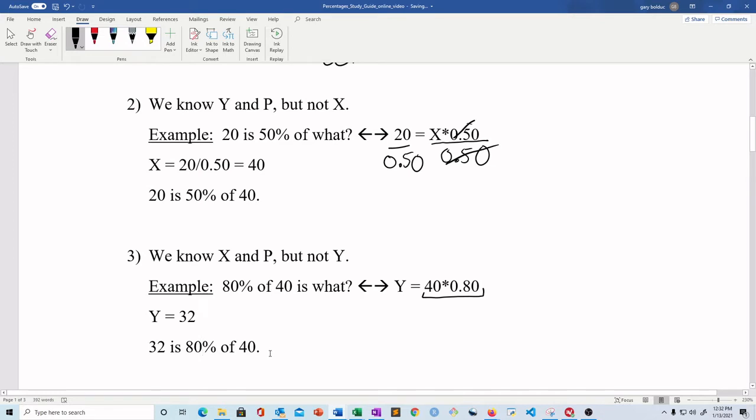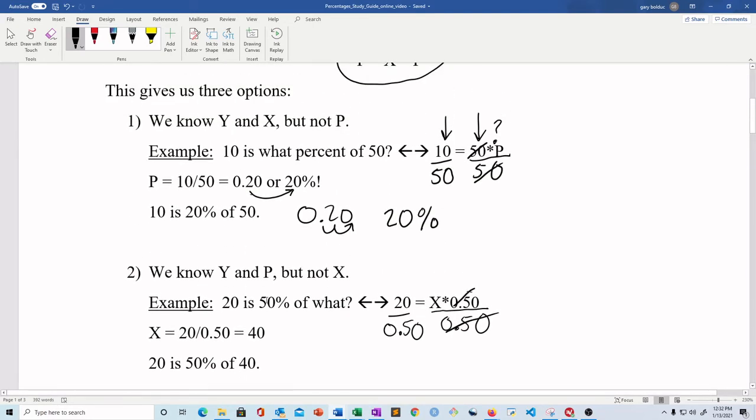And so pretty much every percentage problem we're ever going to run across is going to end up in one of these 3 forms. What you're going to see in the next page is that we can kind of add a layer to the way we talk about percentages. But the really neat thing is it doesn't matter.